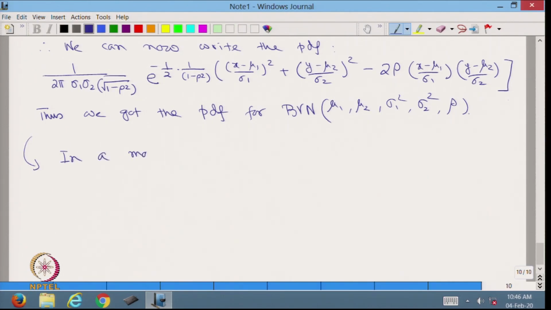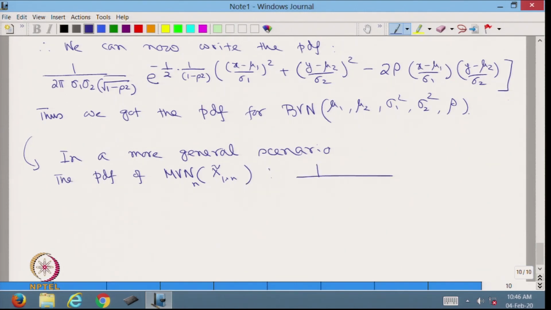In a more general scenario, the PDF of multivariate normal of dimension n with x vector, which is 1 cross n, will be 1 over root over 2 pi whole to the power n determinant of sigma to the power half e to the power minus half into x minus mu transpose sigma inverse x minus mu.